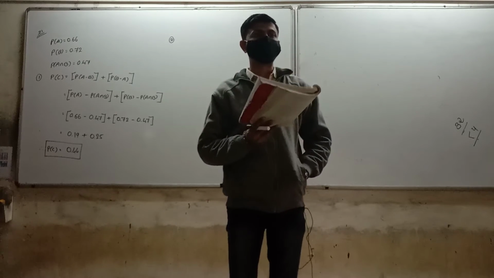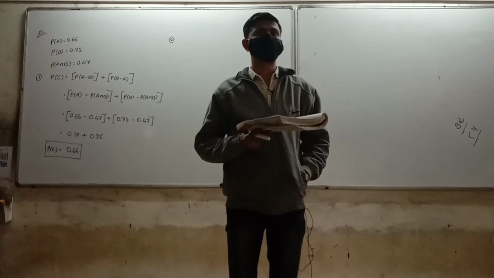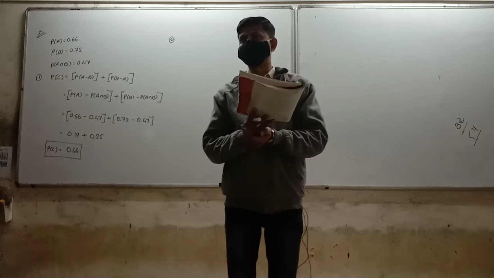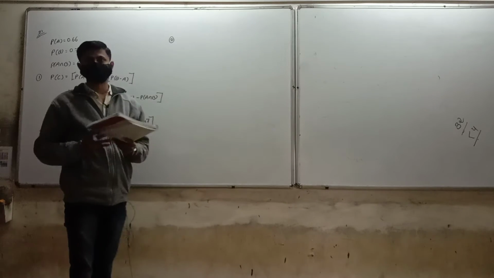Okay, does not increase, it means event A does not happen and event B also does not happen. It means A dash intersection B dash.